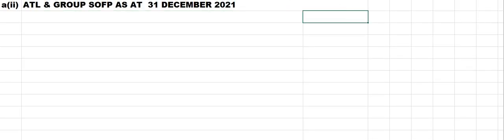That is for the statement of financial position, where we have to show the assets, the liabilities, and equity of the group. I'm going to use one column, but you can still use 2 columns.